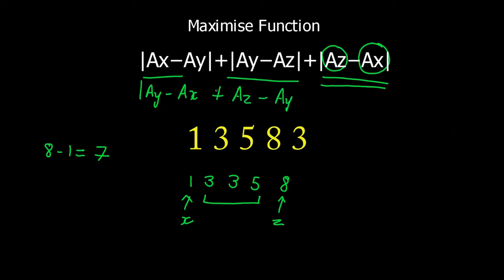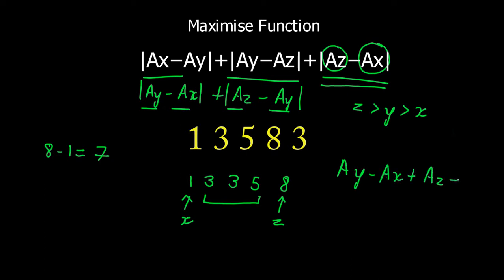Now as I have already sorted the given array, and I have also stated that z is greater than y, which is greater than x, it is plausible to assume that ay is always greater than ax and az is always greater than ay. Therefore, rather than writing mod here, I can simply write this equation as ay minus ax plus az minus ay.